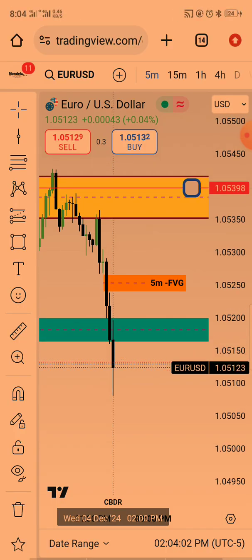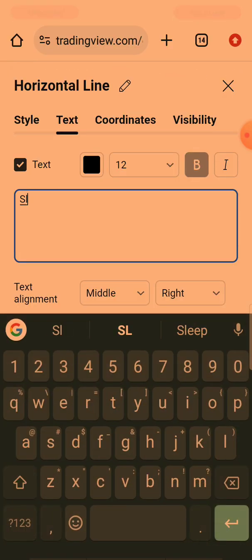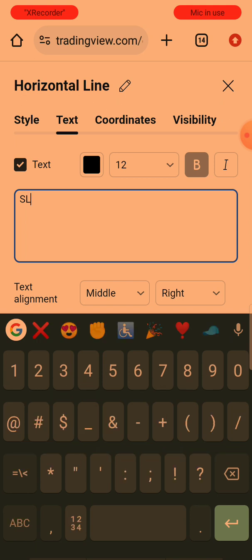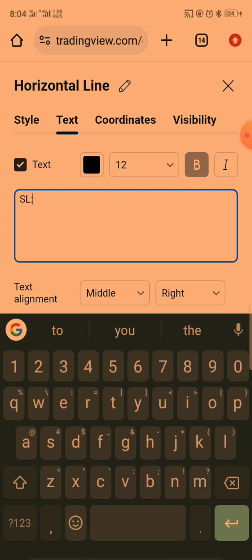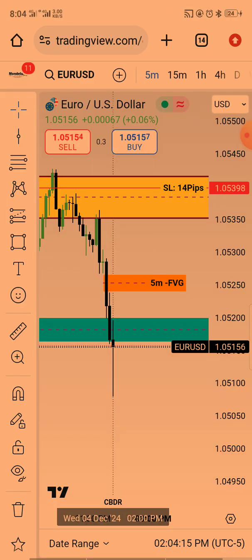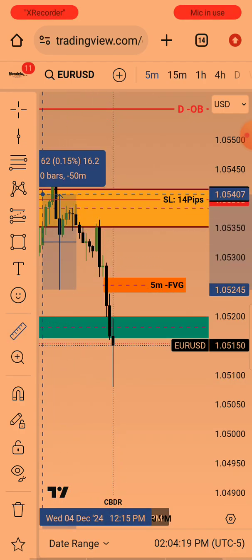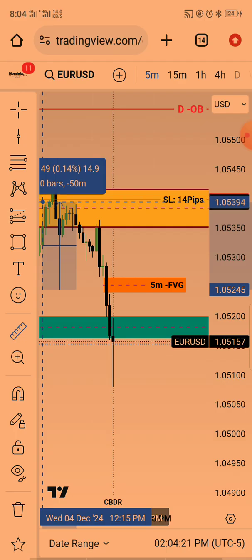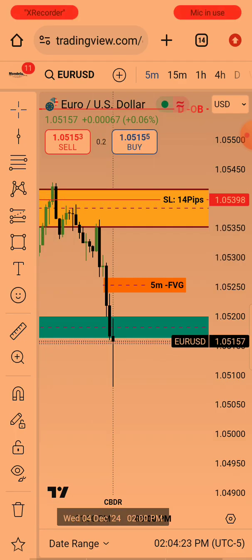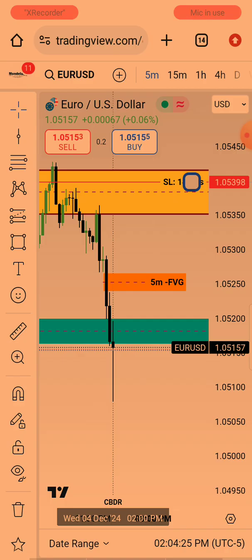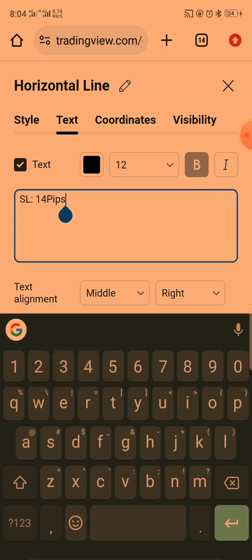So this red is my stop loss. My stop loss is about 15 pips from my entry, where I'm trying to get in from here.